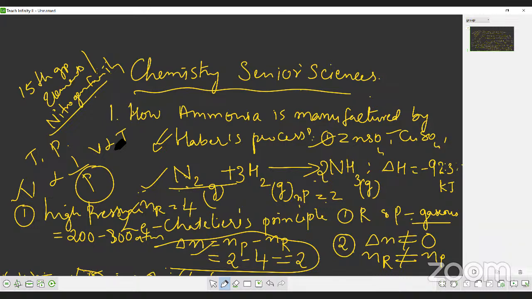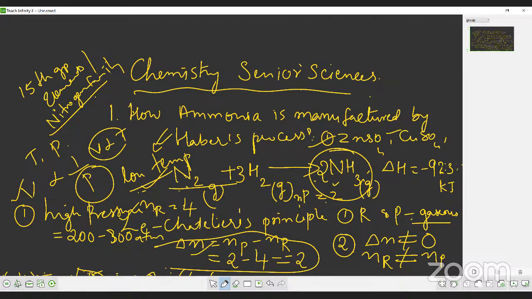So here, the number of volumes are decreasing from reactant to product. Means the reaction should take place at a low temperature. But at low temperature, the yield of ammonia, the quantity of ammonia produced, is very, very less.